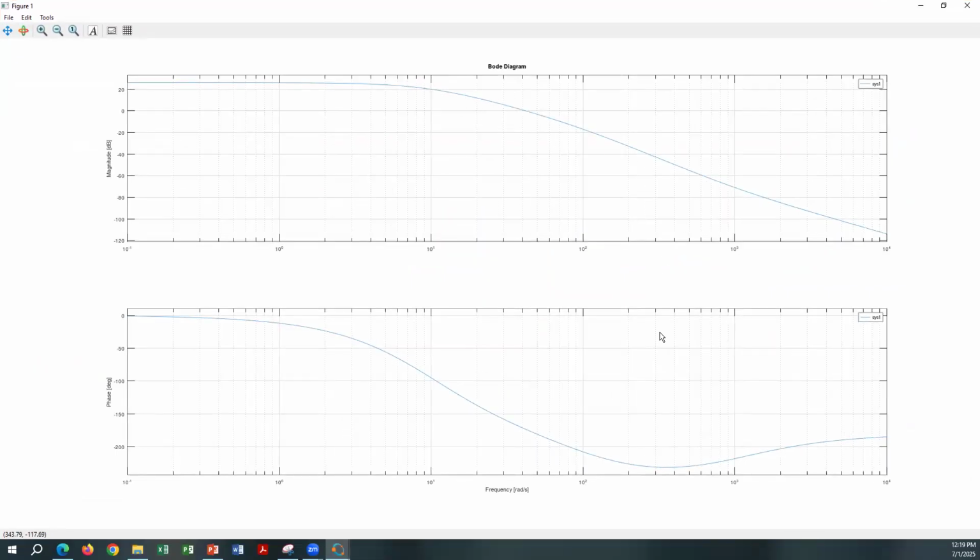Again, it's hard to see, but it starts at 26 decibel, and then at 10, it starts going down by 40 decibel per decade, and then it becomes 60 decibel per decade, and finally, again 40 decibel. So you can see the slope getting steeper over here, and then again negative 40 decibel.